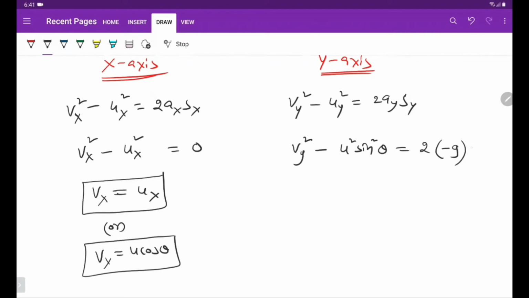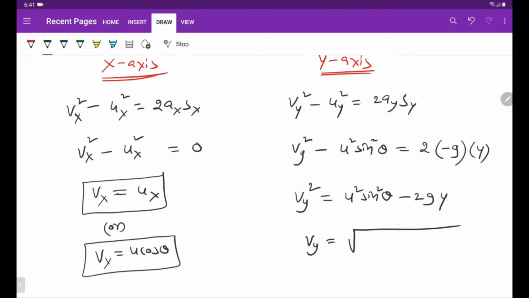We cannot say anything about sy, so we write sy as sy only, since y can be positive, negative or 0. So the final formula is vy equals the square root of u square sin square theta minus 2gy. This is the velocity along the y direction.